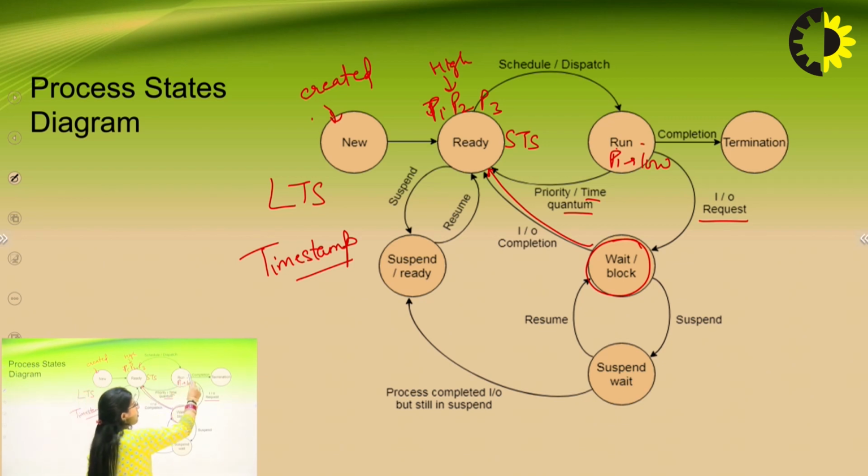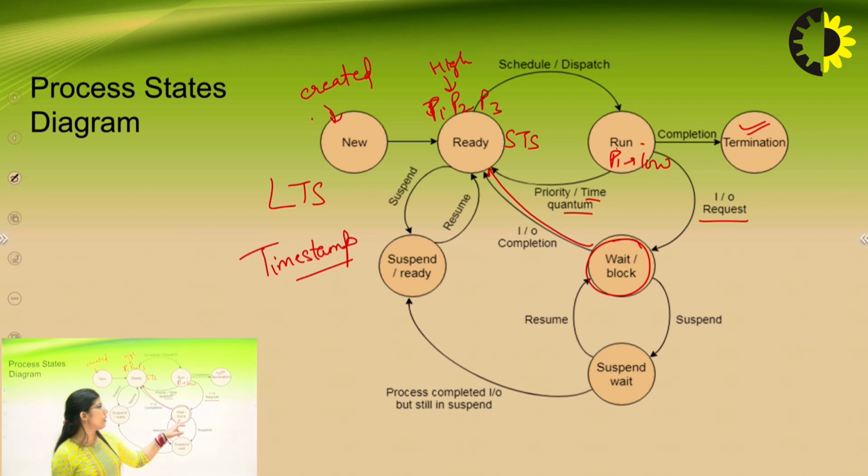After getting the CPU, let's say the process P1 is totally completed. It has executed its CPU time as well as IO time. Then it gets terminated and its state changes to this particular state.